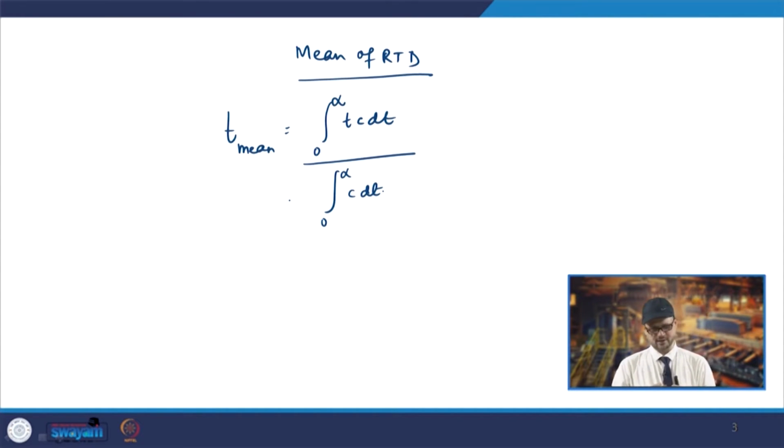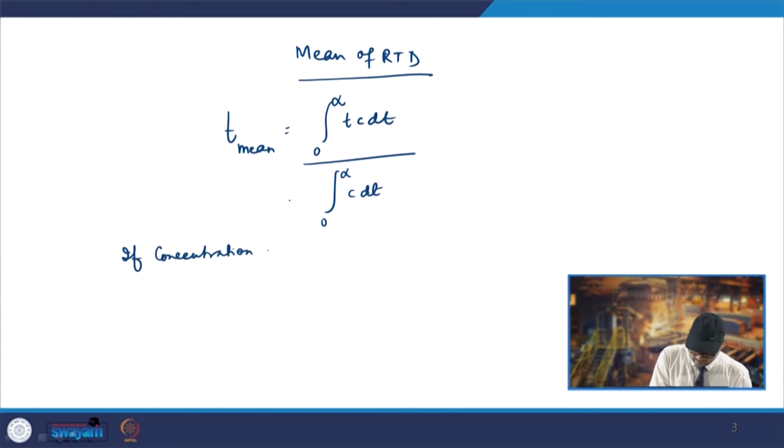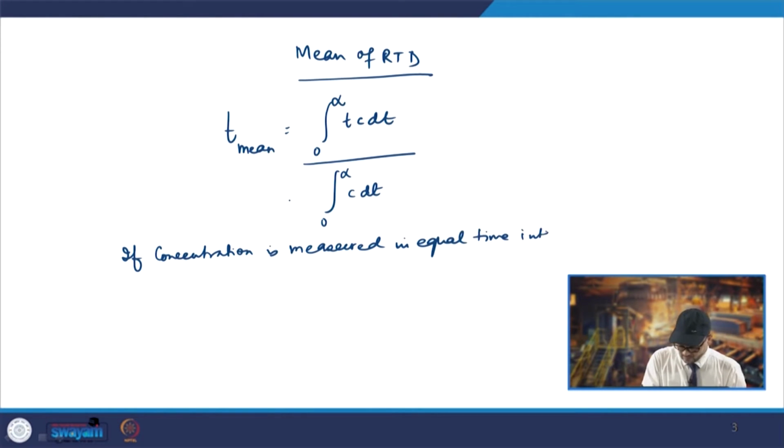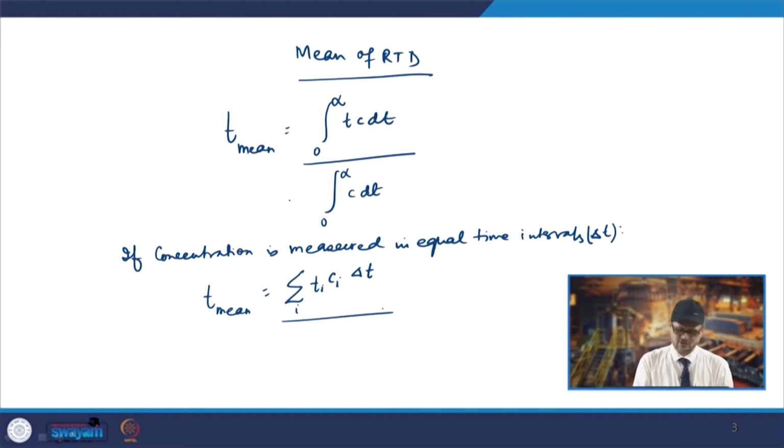Then, if the concentration is measured in equal time intervals of delta t, the expression for T mean will be the summation of Ti Ci delta t, divided by the summation of Ci delta t.